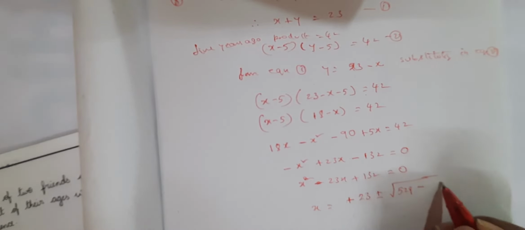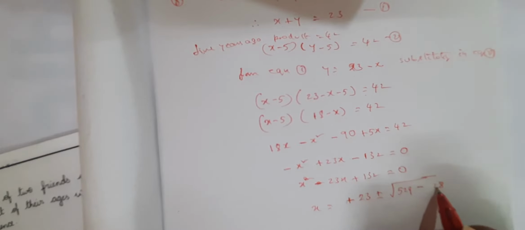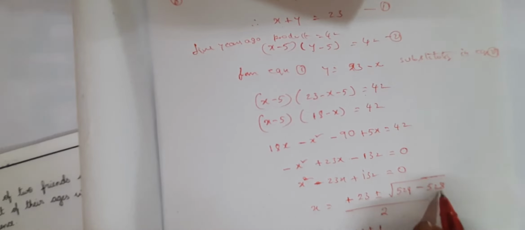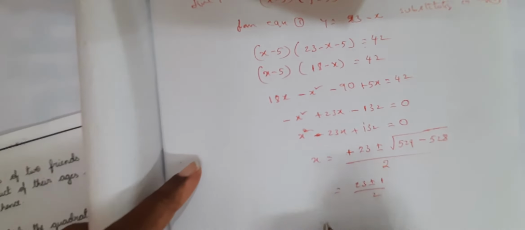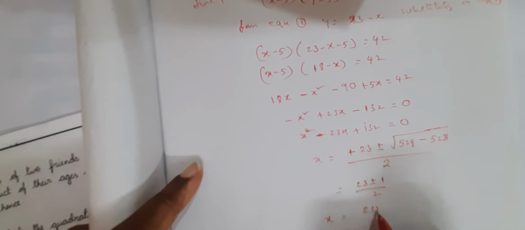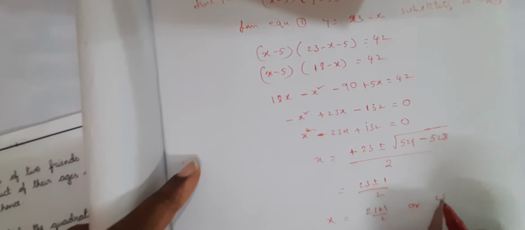A is 1, 4 2s are 8, 4 3s are 12, 1 goes here, 4 1s are 4, it is 528, by 2A, which is 2. So it is 23 plus or minus root of 529 minus 528, which is 1, under root is 1, by 2. That is X is equal to (23 plus 1) by 2 or (23 minus 1) by 2. So 23 plus 1 is 24 by 2, or 23 minus 1 is 22 by 2. That is either 12 or 11.